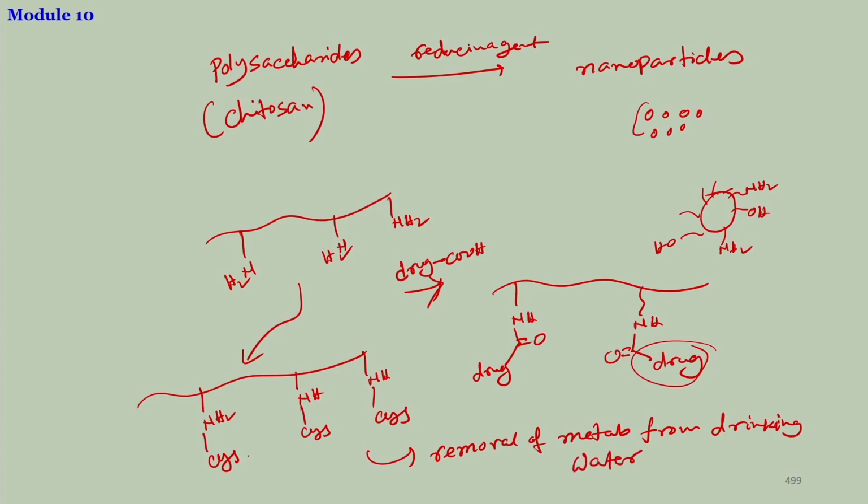You can even use a peptide here. A cell targeting peptide, for example, a tumor targeting peptide, for example, if you take an amine peptide, all by the same reaction, that is the peptide coupling reaction.